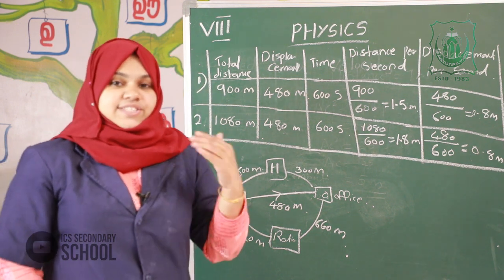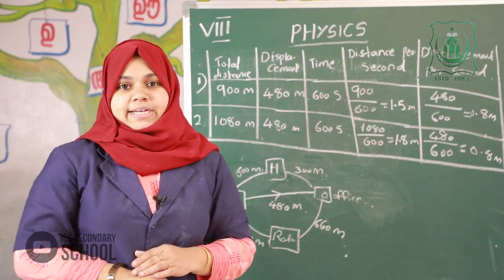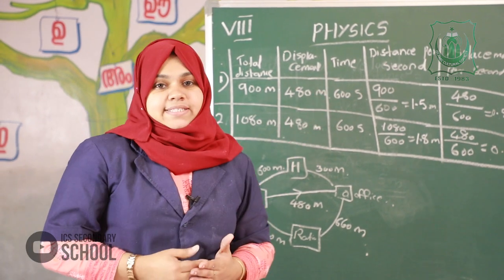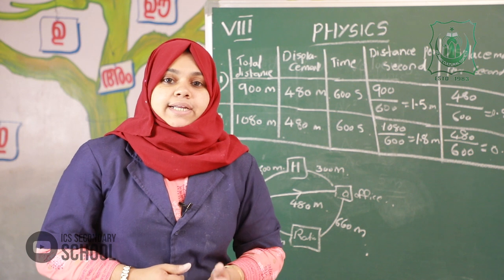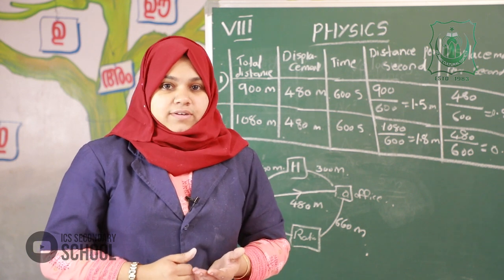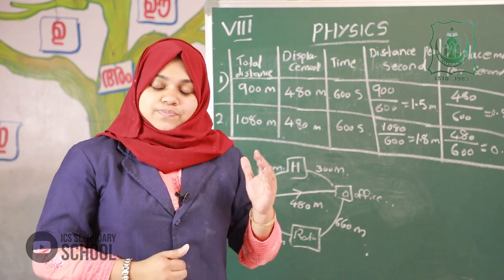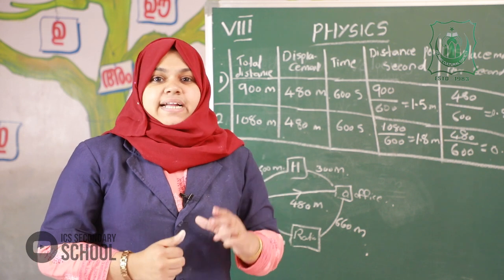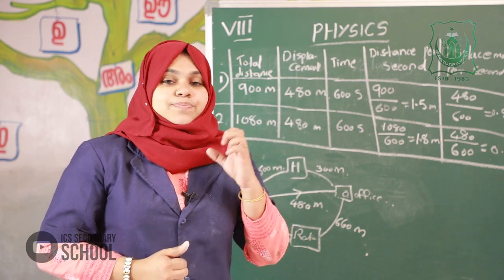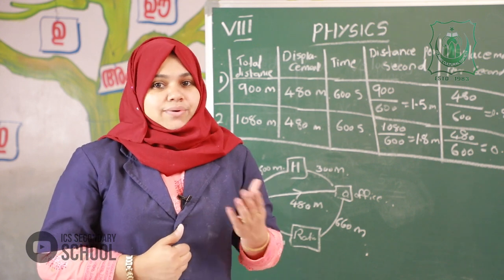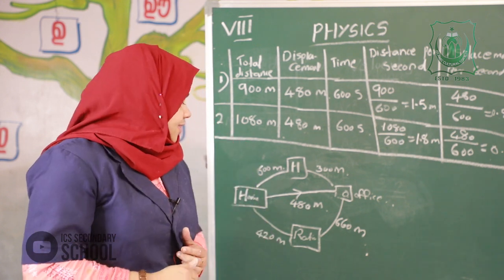Speed is the distance travelled in a unit time. Velocity is the displacement travelled in a unit time. Very simple, easy to understand.